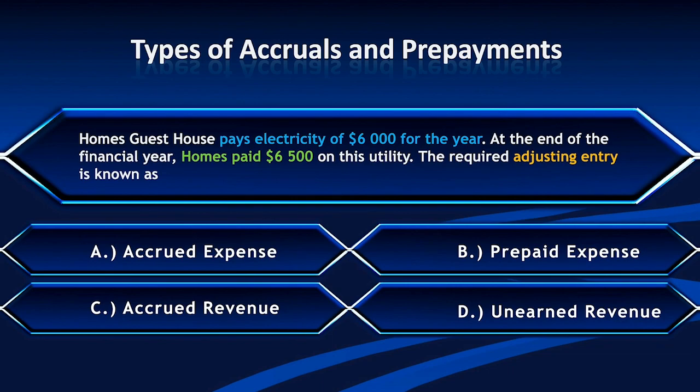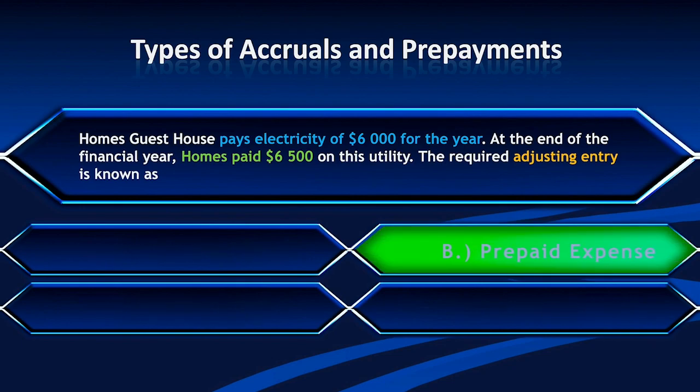However, at the end of the year, they paid $6,500, which means that they paid more than the amount that they were supposed to pay, the amount that they used up. So that means this is a prepayment, or prepaid expense.